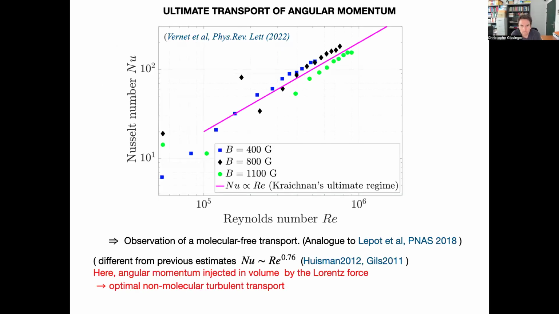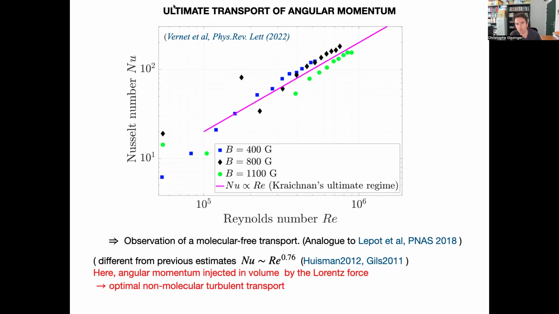Okay, so now you understand that, we can come back to this picture, and you see this is the Kraichnan prediction. So why is it interesting? First, it is interesting because it shows that indeed the prediction by Kraichnan can be observed in a real experiment. There is some possible ultimate transport.